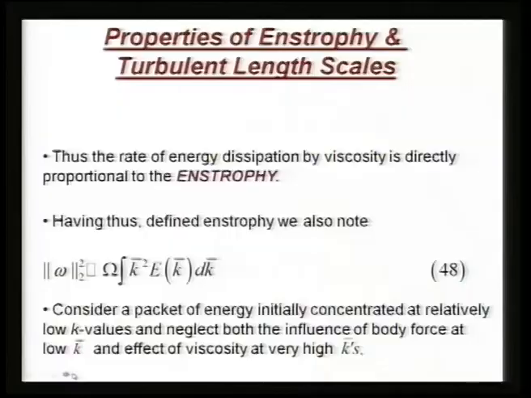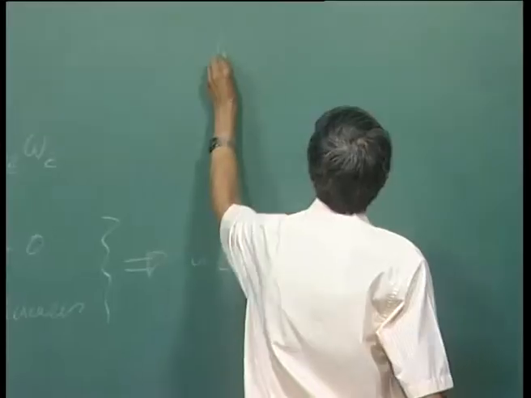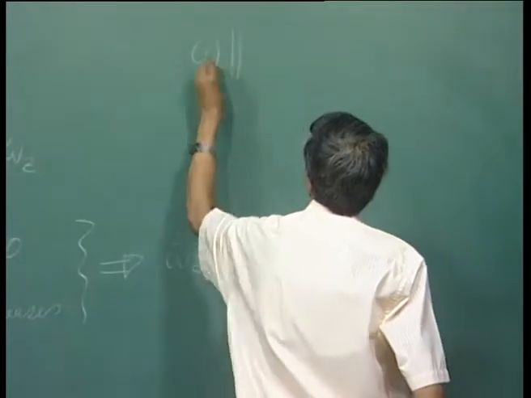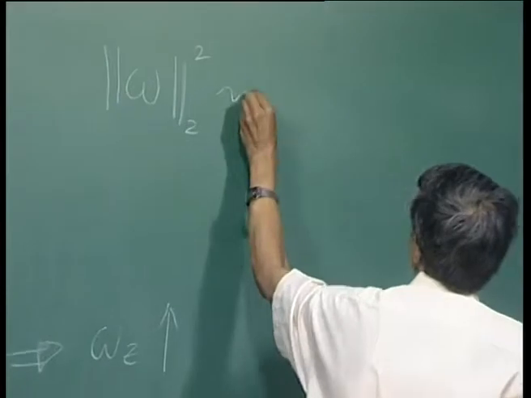Now, we could also see that enstrophy squared is nothing but grad u squared. So, what is grad u?